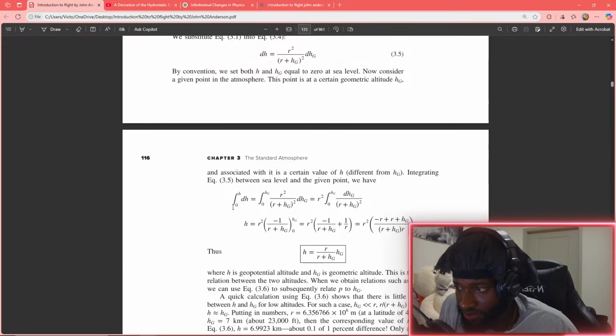Between sea level and a given point, 0 to hg, r squared, and pull out the r squared as a constant. dhg over r squared. If we integrate that, h is equal to r squared. dhg is negative 1 dhg rather. R plus hg, so hg 0. Alright.